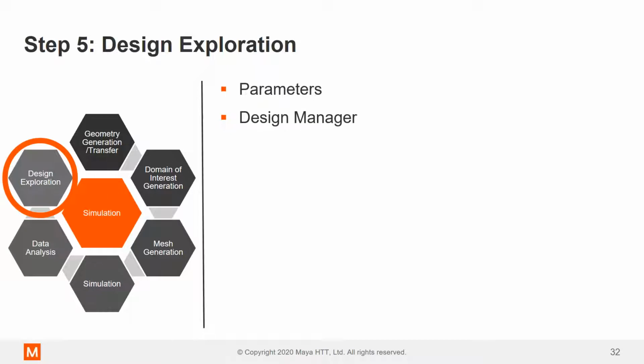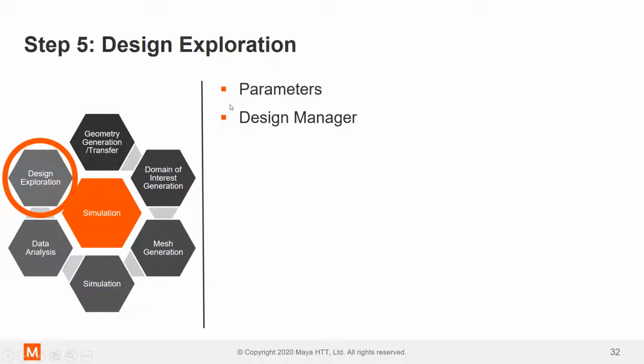All the parameters that we've created will be exposed to the design manager, and the design manager is where you can run sweep studies, optimization studies, DOE studies. For the design manager, you can run all the other studies except for optimization. You need an intelligent design exploration license for it. That's an additional license. But if you want to run sweep studies or any other study, you can do it using the design manager, and that's what I'm going to show you right now.